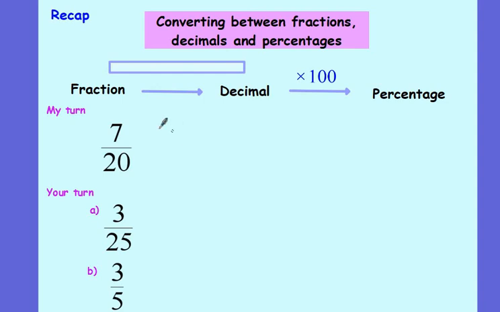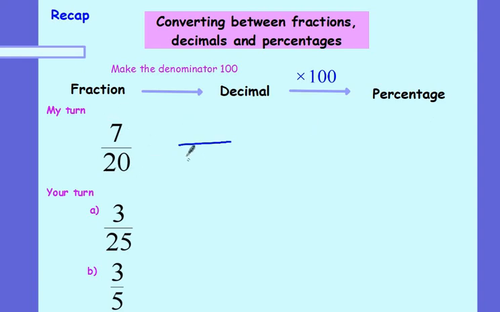Okay, quick recap. How did we convert a fraction to a decimal? What did we do, Jonas? We made the denominator 100. Thanks very much. So 7/20ths. I want to turn that into a fraction where the denominator is 100.